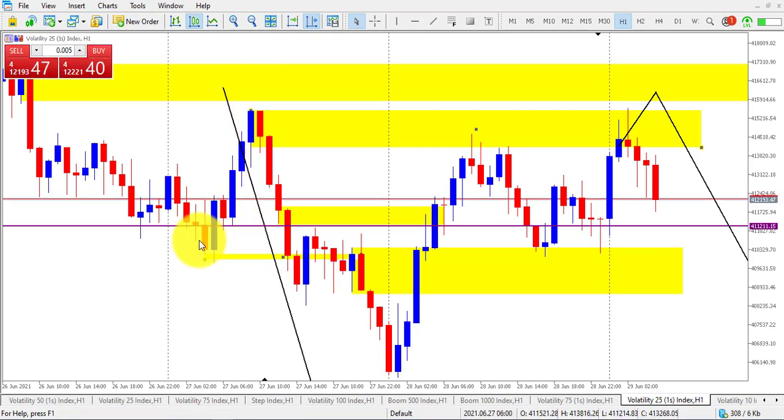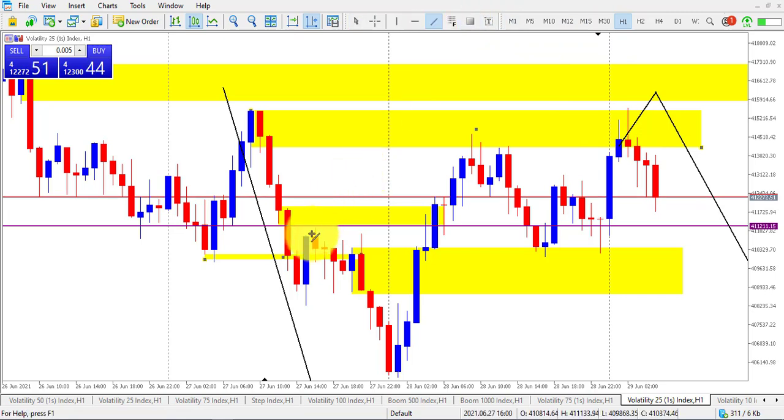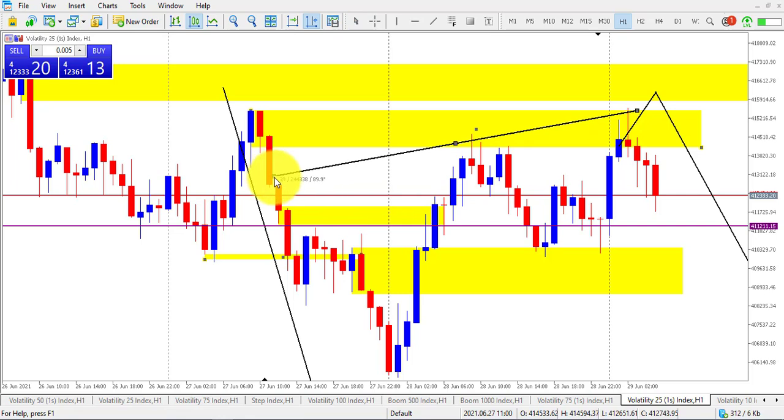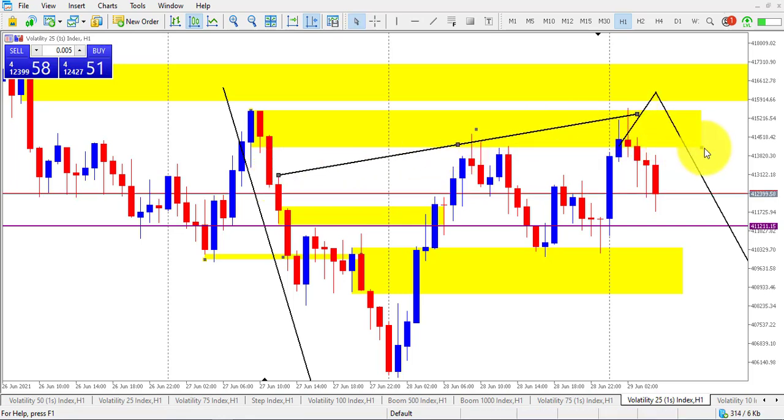Why? Because this is a break of structure, then price is moving back, consolidating back to the order block, and you see what happens when price got to that order block. One, two, three touches, and I know you know about these things.